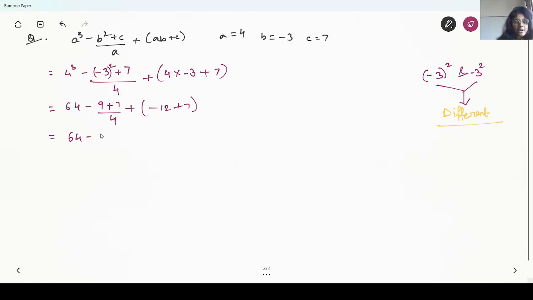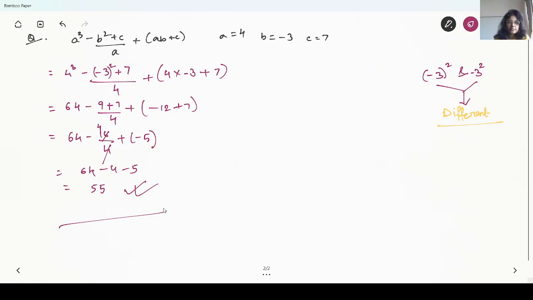So this becomes 16 over 4, plus negative of 12 plus 7, so we get negative of 5. Now solve this. First divide. This is 4, so you get 64 minus 4, minus 5. So the answer is 55. Got it? This is how we do it.